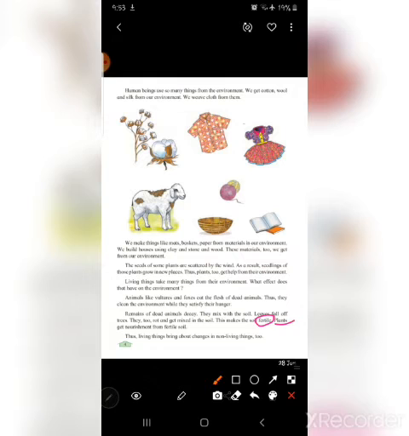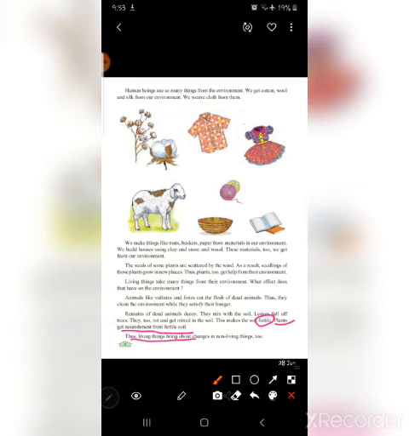And plants get nourishment from fertile soil. Nourishment means what is good for their health. You get nourishment. Your mother gives you fruit or some healthy milk, Bournvita, Horlicks, like this drink. It gives nourishment, means it is good for the health. So fertile soil gives nourishment to the plants.